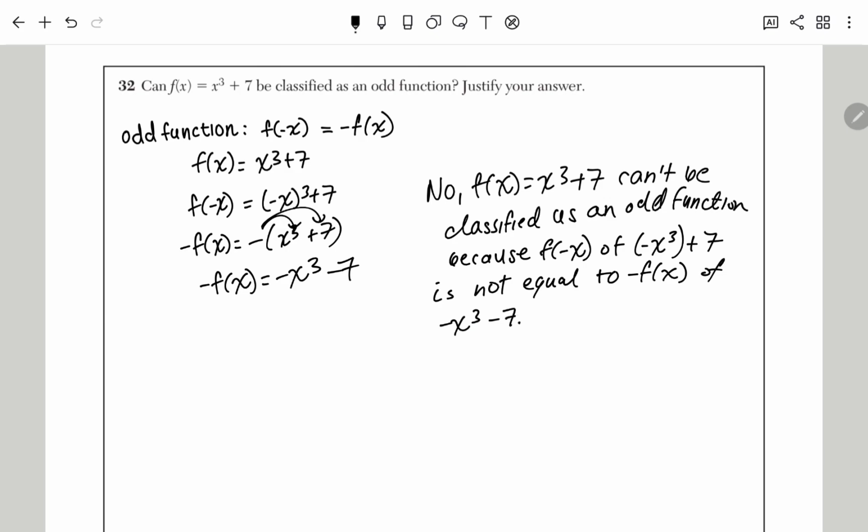We showed our work and we gave our justification. We said that it cannot be classified as an odd function because f of negative x, negative x cubed plus 7, is not equal to negative f of x, which is negative x cubed minus 7.